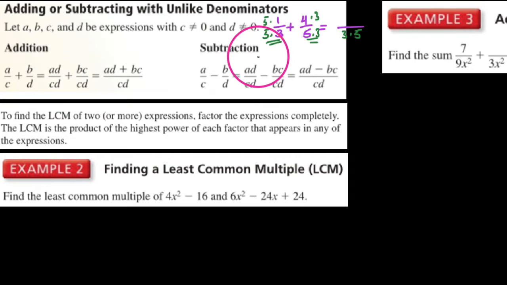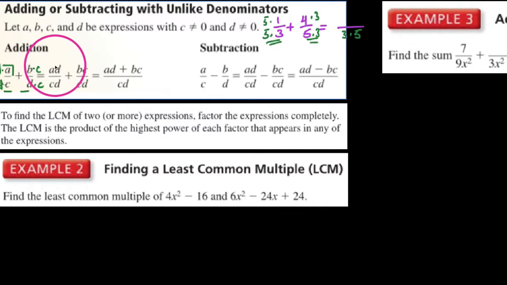And so for the rest of this pattern, besides the CD part, on top we take everything over here times D on top and bottom, and everything over here times C on top and bottom, so what we get is A times this one's denominator plus B times this one's denominator.